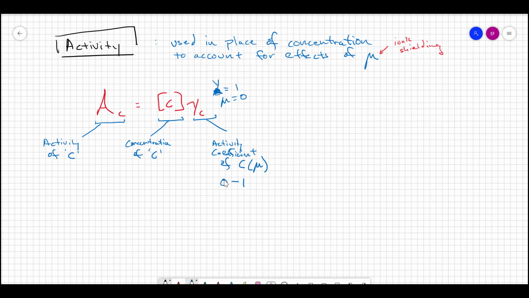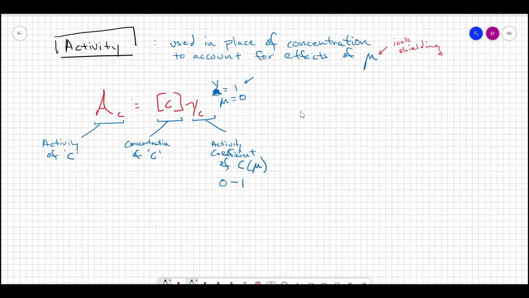All the equilibria you learned up to this point assumed the ionic strength of the solution to be 0. In doing so, you assumed the activity coefficient to be 1, which meant that the activity and the concentration were the same thing. We know that to be largely untrue, because most natural waters, most anything that you do, has other stuff besides the one reaction you're interested in studying. There's a bunch of other stuff. And so gamma is actually not 1, because mu is greater than 0.